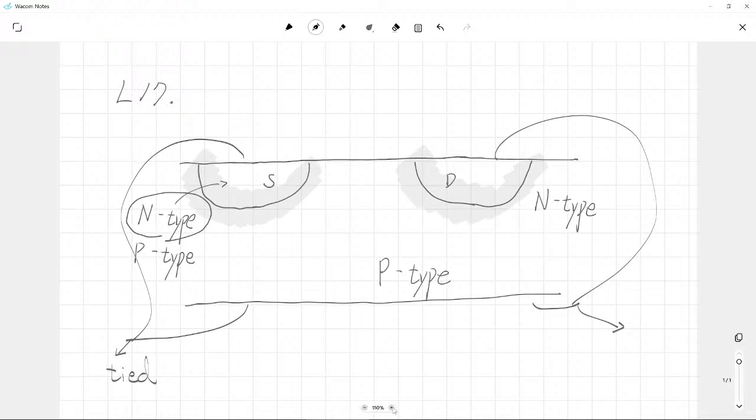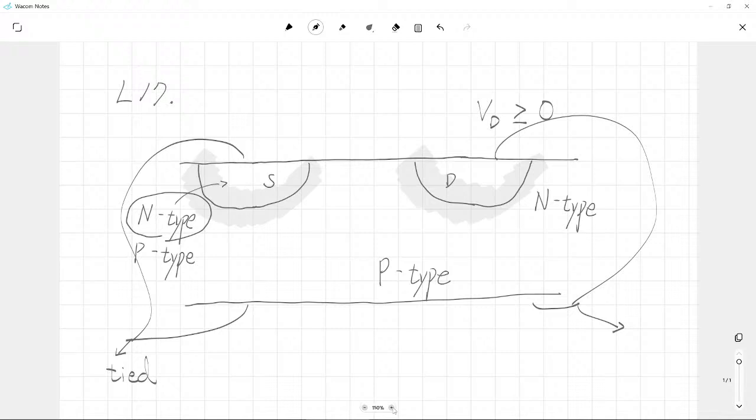In this case, usually the bias applied to our drain is positive or 0, so it is a non-negative value. So the drain is always biased higher than the substrate, the p-type region.